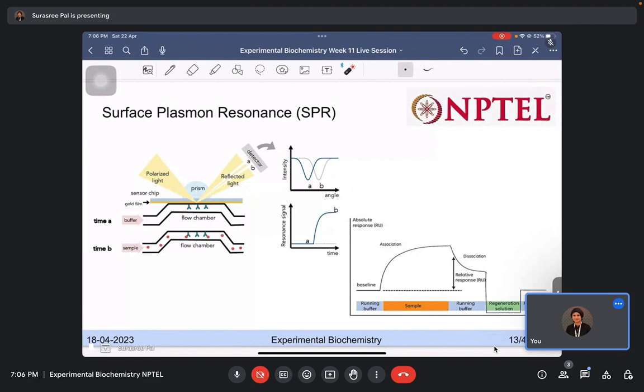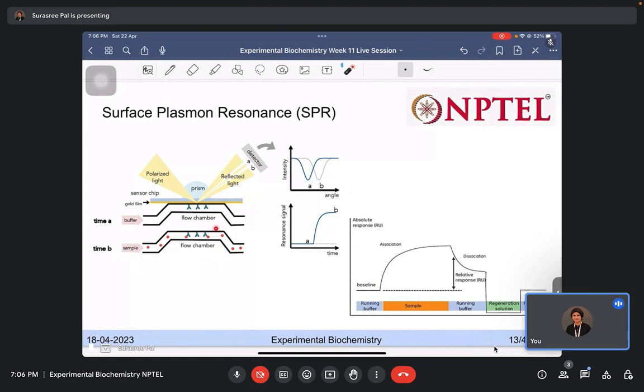But after buffer, we pass ligands through this flow chamber. The proteins will bind to these ligands, and because of this protein-ligand binding, a response is generated.